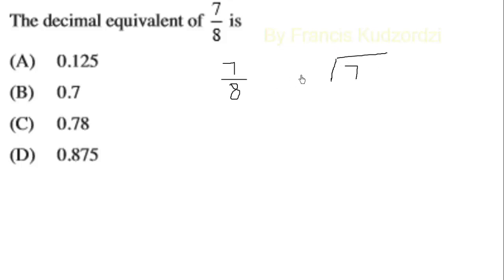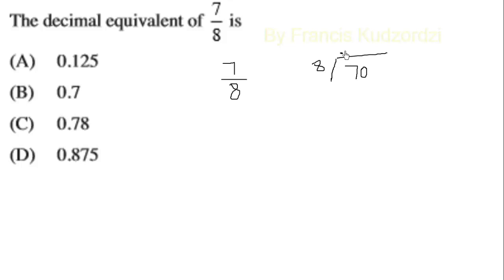Then the number in the denominator comes out. So 8 goes into 7 how many times? It cannot go. So we multiply this by 10 because we are working in base 10.